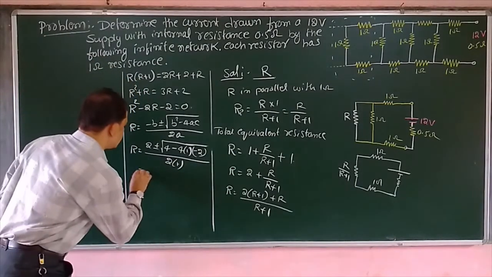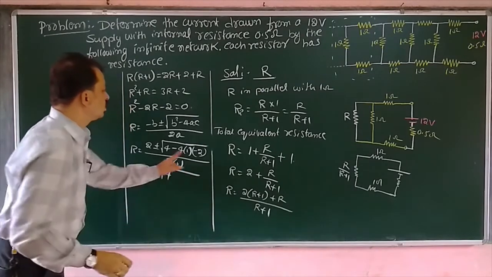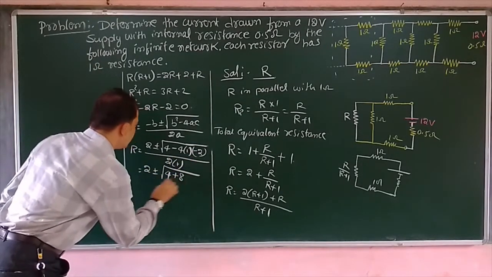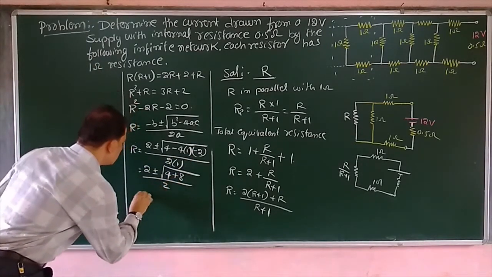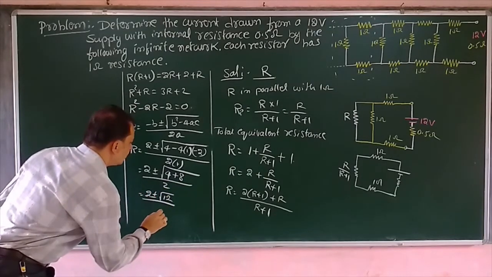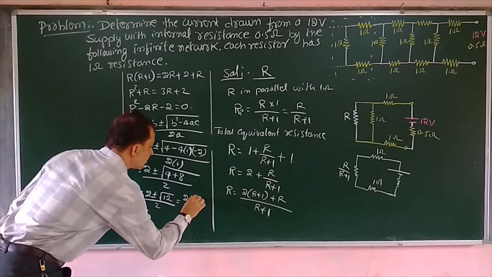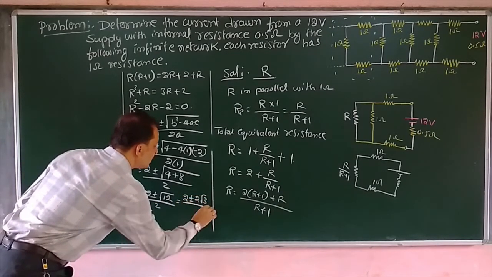Just simplify it. 2 plus or minus square root of 4 plus 8 divided by 2, that is 2 plus or minus root 12 divided by 2, or it can be written as 2 plus or minus 2 root 3.